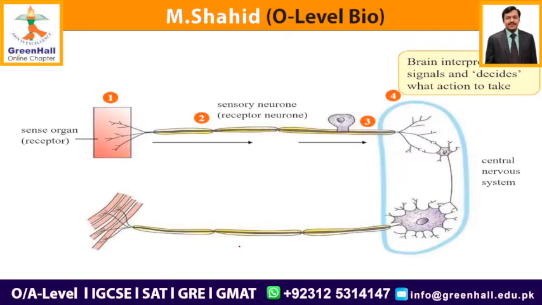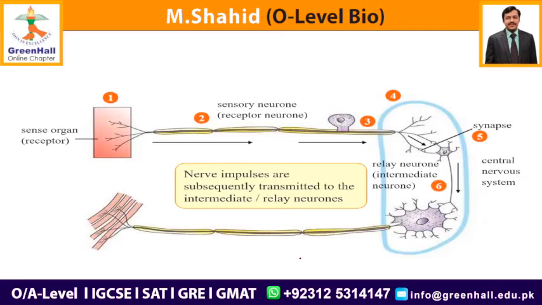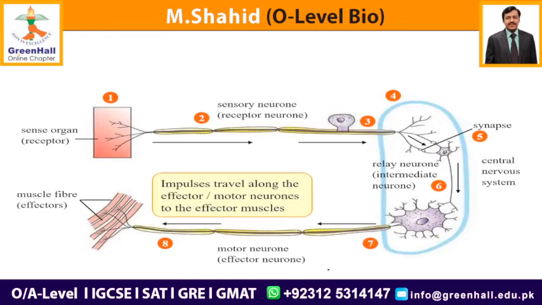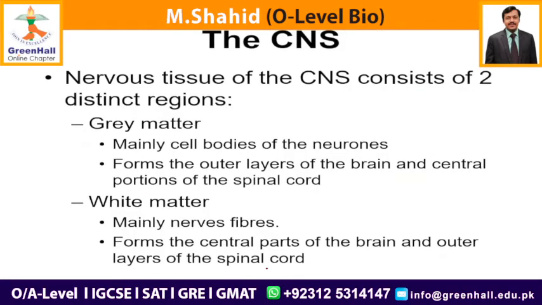So you can see here the brain interprets and decides on the information and passes an order accordingly to the effector, to the motor neurons, and through motor neurons the nerve impulse is carried to the muscle fiber, which either contracts or relaxes. Here you can see that they are relaxing, working according to the instructions from the brain.